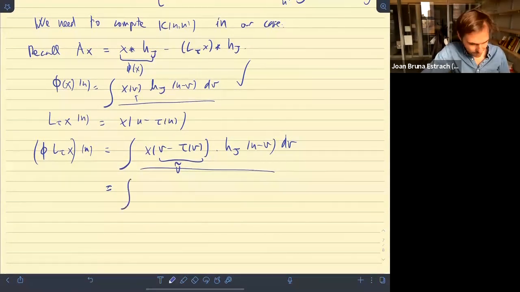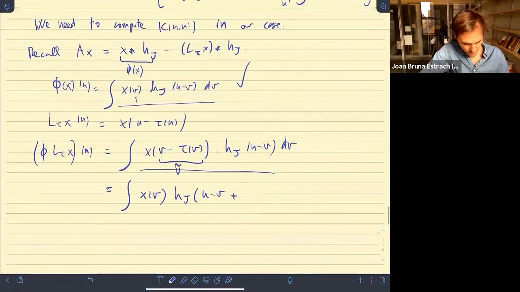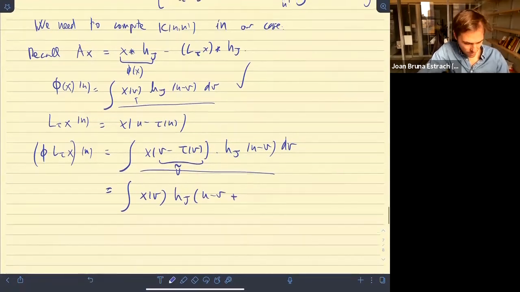So I can write it as x of b times xj of u minus v plus the corresponding inverse field, right? So if I have that b tilde is equal to b minus tau of b, then b is equal to b tilde minus beta of b tilde, right?